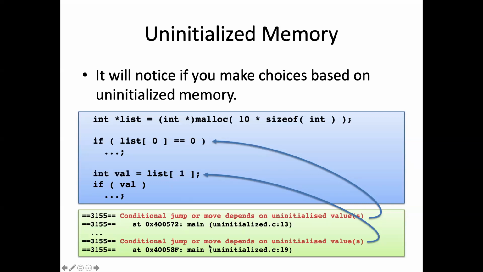I notice this kind of report a lot when people are working with strings. Here, I'm just using an array of ints, and hopefully these two error messages make sense. Let's say you fill in characters in a string, but you forget to put the null terminator at the end. And then you try to print that string, maybe calling printf. When printf tries to print it, it's going to print character after character, looking for the end of the string until it hits a null terminator.